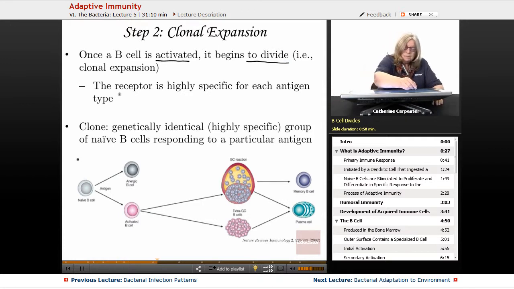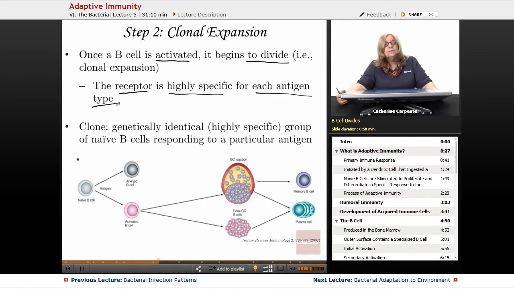So that receptor becomes highly specific for each antigen type. And for the particular antigen of the pathogen that's invaded, that's the shape that gets replicated, or that the cell with that shape ends up getting replicated, and it gets replicated and it gets replicated.